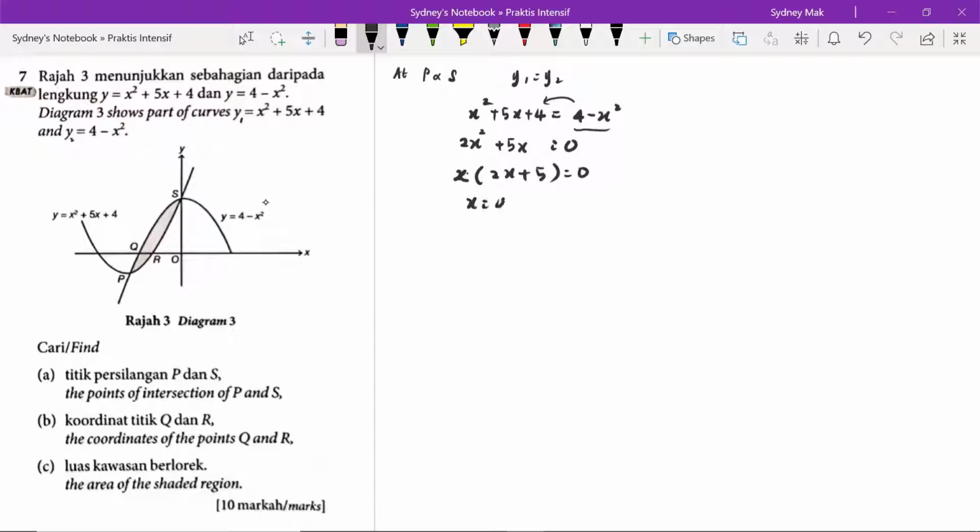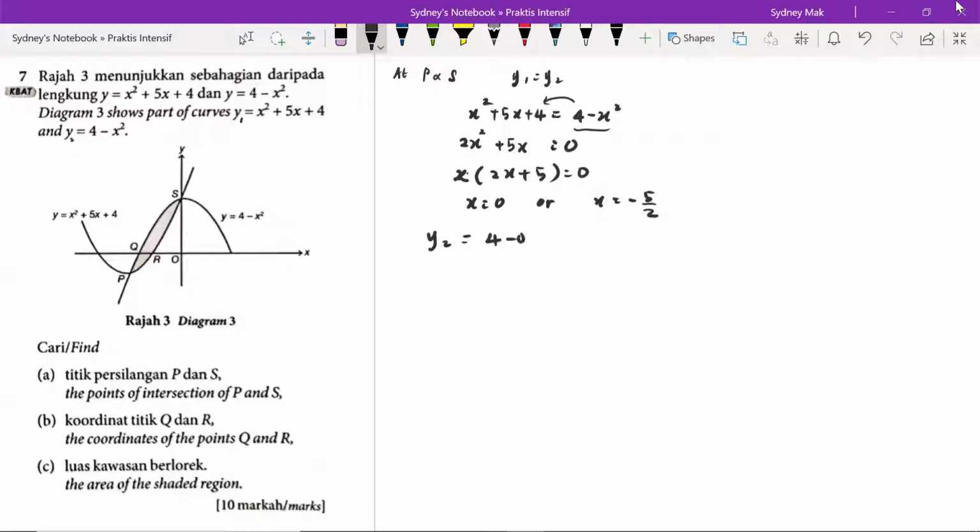Therefore, either x equals 0 or x equals negative 5 over 2. With that, we substitute x equals 0 and x equals negative 5 over 2 into y2 because it's an easier equation to use.